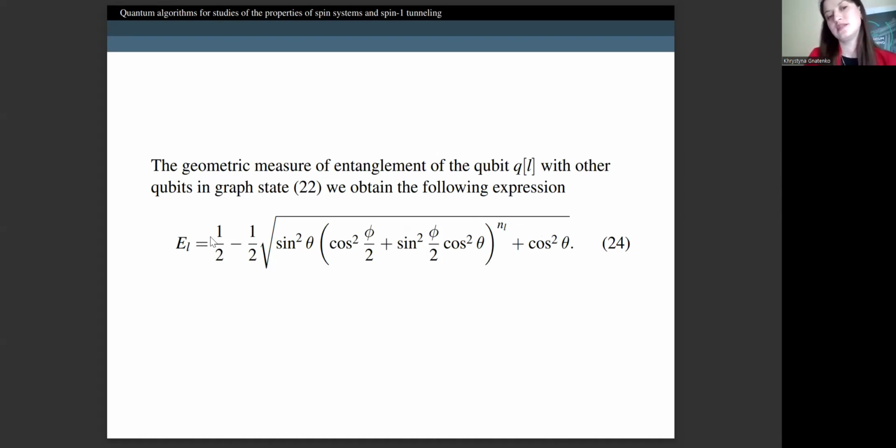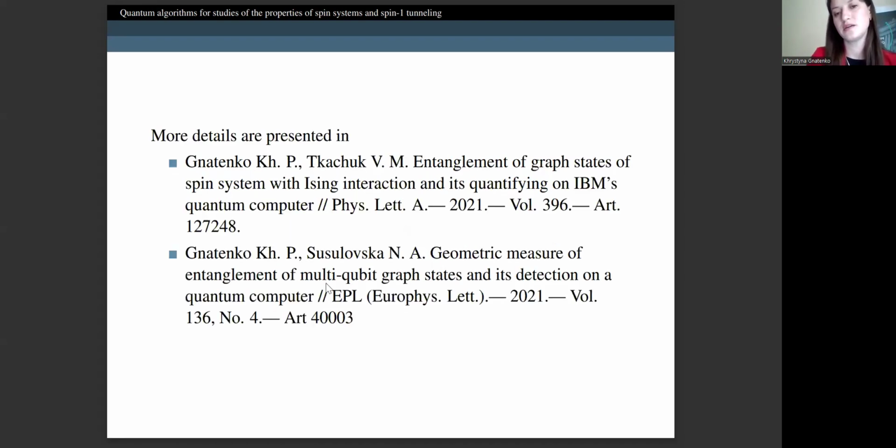And the entanglement, of course, depends on the parameters of the state. We have all these dependencies. I studied this entanglement with quantum programming. This was done with my PhD student, Natalia Susulovska. You can consider this paper in order to find more details.